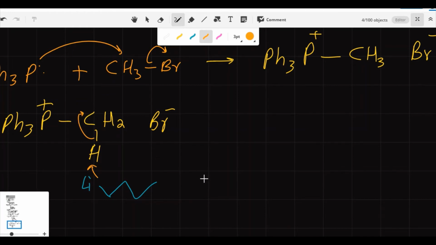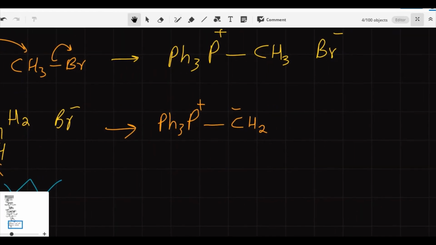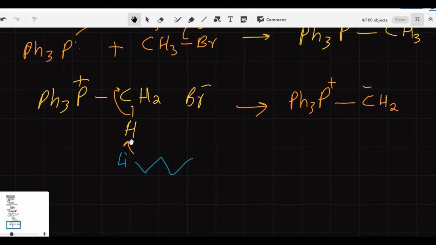So that will form Ph3P containing a positive charge, and now the CH2 group contains a negative charge.